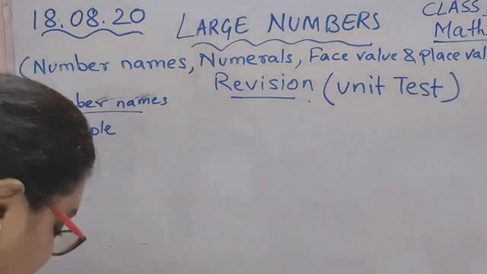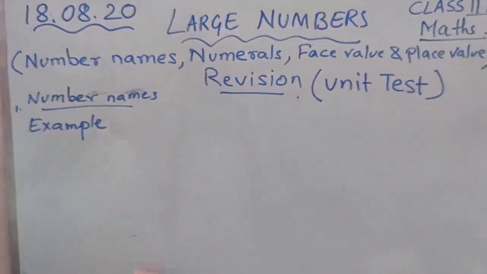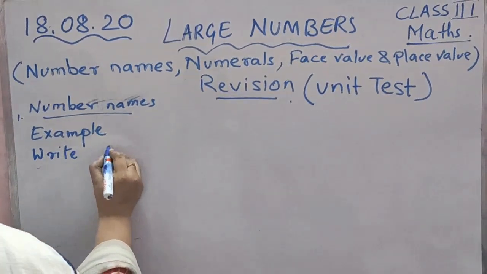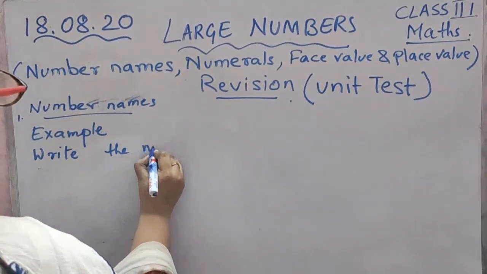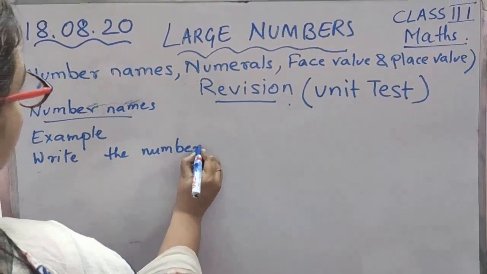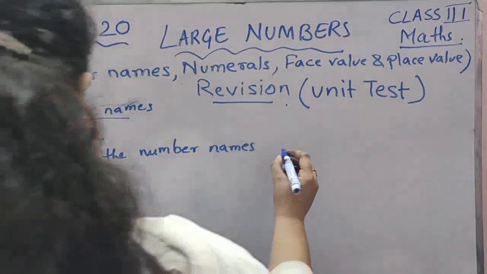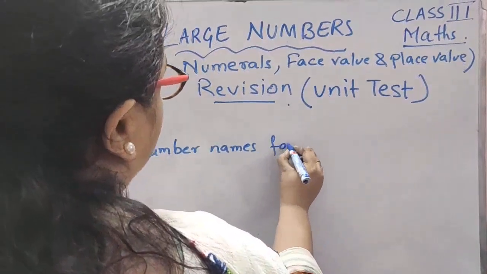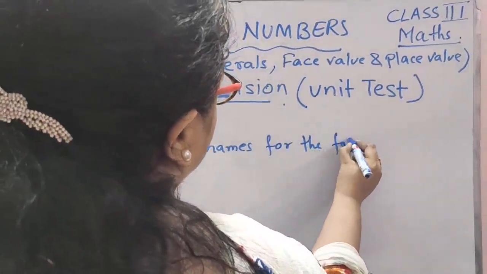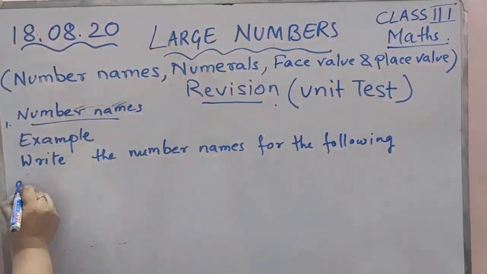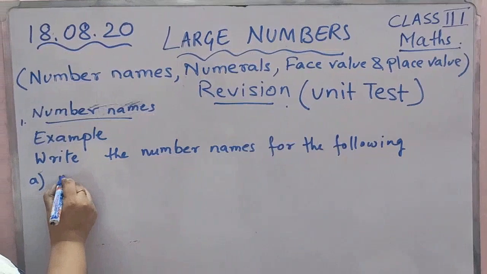So you have to write the number names for the following. So we'll take a few examples.